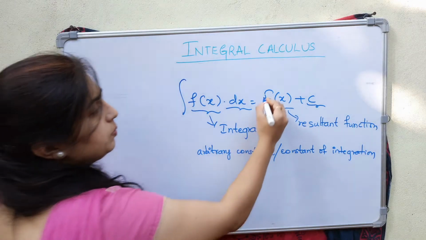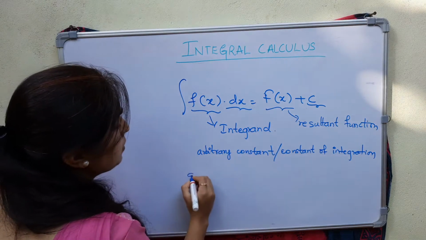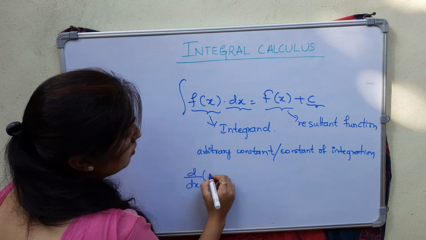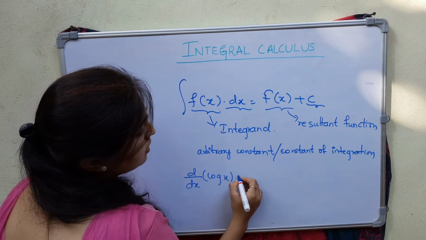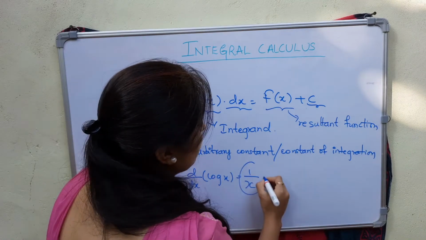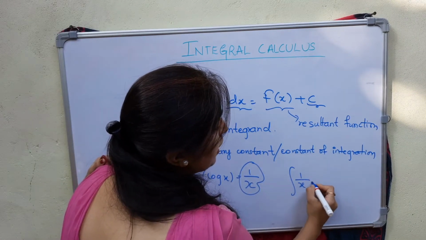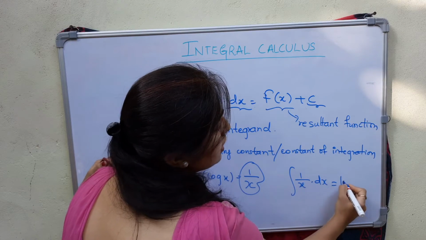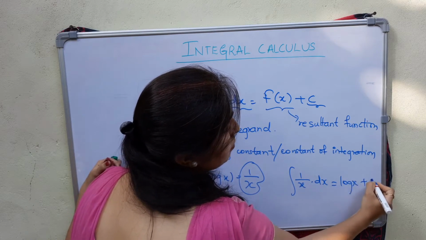Normally, d by dx of log x is equal to 1 by x. That means if I integrate 1 by x with respect to x, I will get log x plus c.